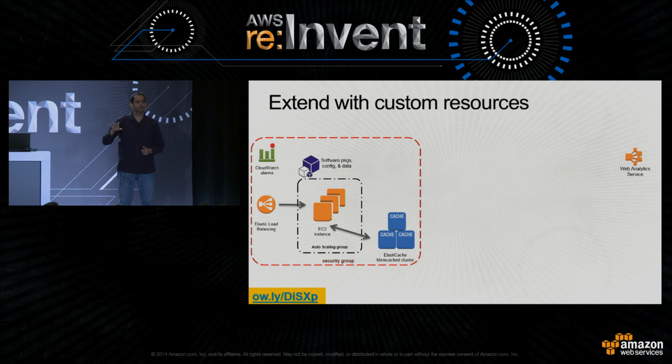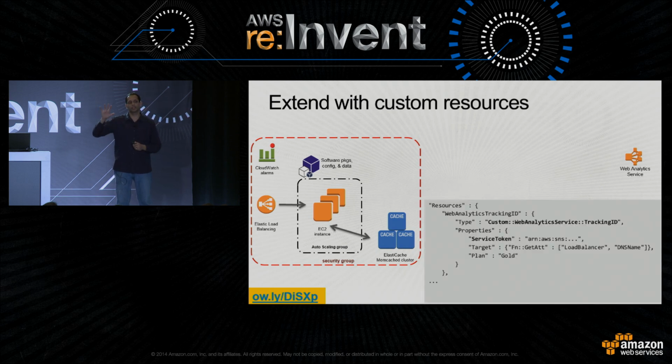To use custom resources, step one is that the third-party service provider has to implement a service capable of understanding create, delete, and update messages and executing the code that actually goes and provisions that external resource.